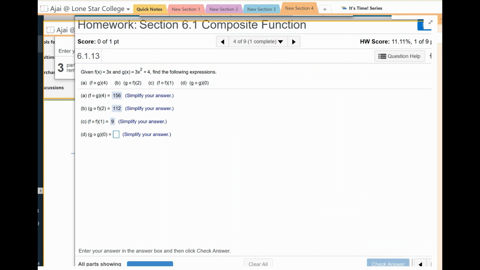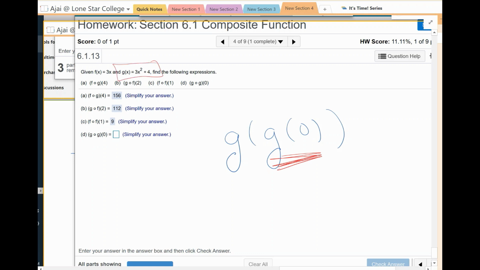I work with the innermost function first. G of 0 means go to the g function, and wherever you see an x, you put 0. So that will be 3 times 0 squared plus 4.